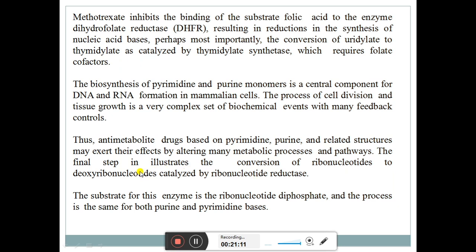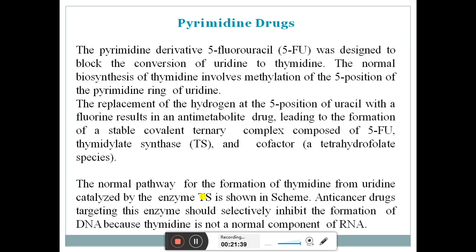So this final step is also an important step, right? The substrate for this enzyme is ribonucleotide diphosphate, and the process is the same for both purine as well as pyrimidine bases. So this is an important point related to cell division or cell growth, or the various pathways or processes involved in the cell.